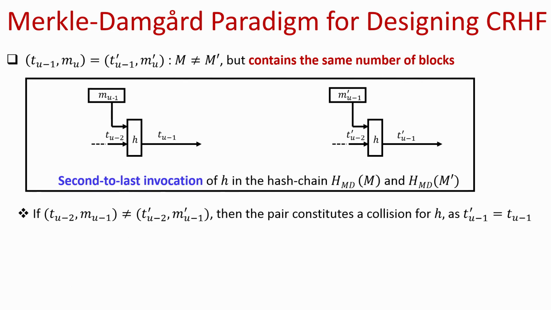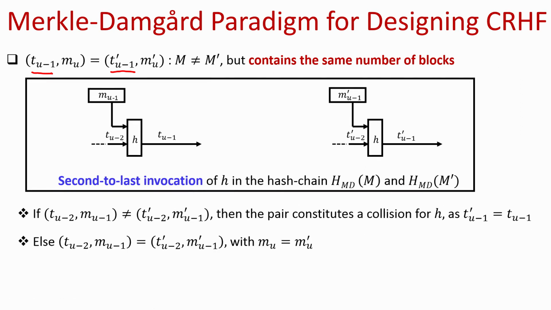If the joint inputs to the little h function in the respective hash chains are different, then we have spotted a collision for the little h function, because even though the combined inputs to the second to last invocation are different, their outputs are the same, because the outputs are t sub u minus 1 and t dash sub u minus 1, which we already know are the same under this case.